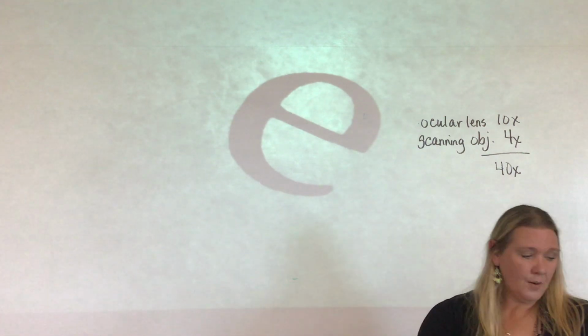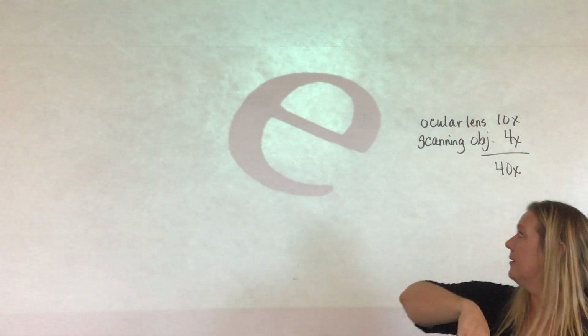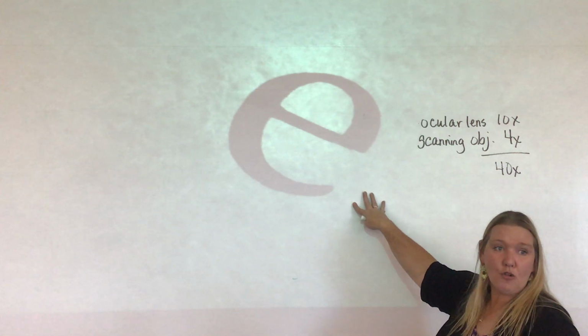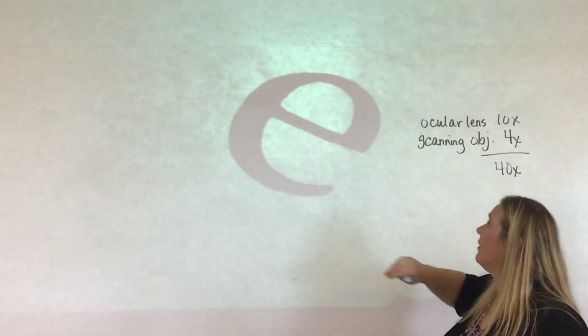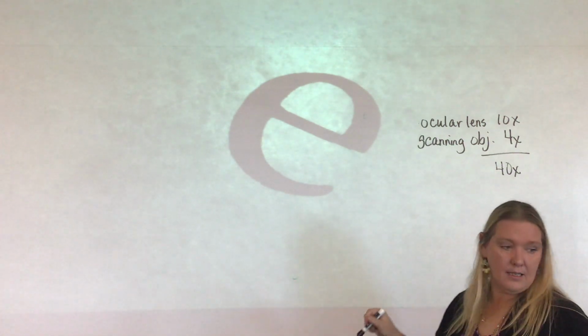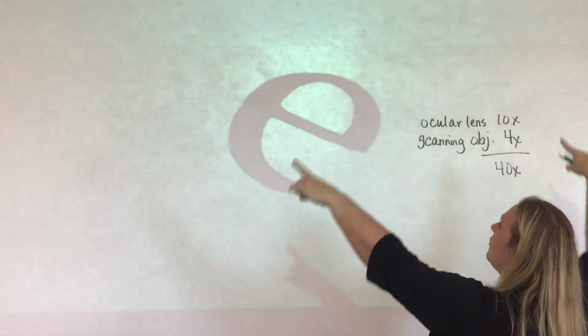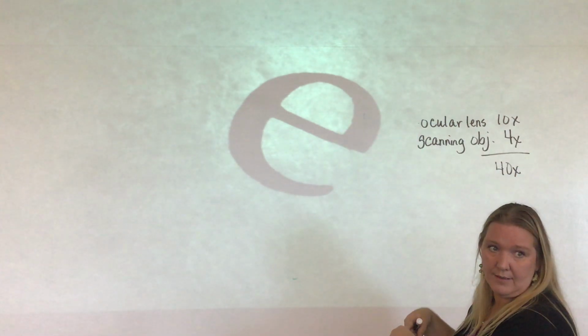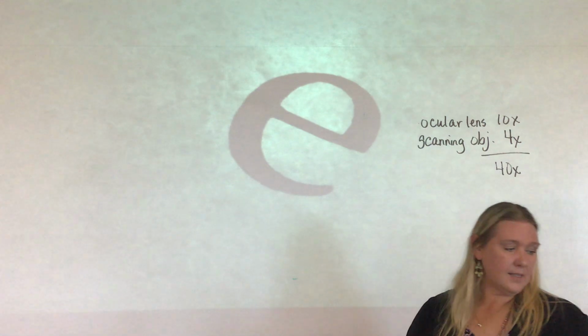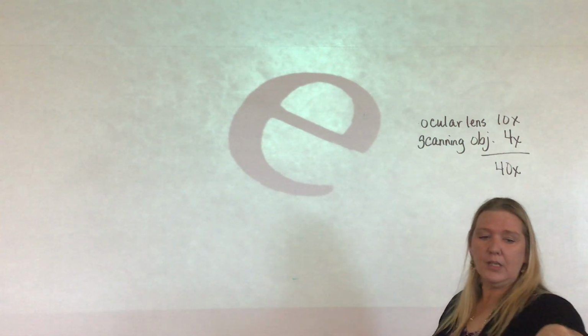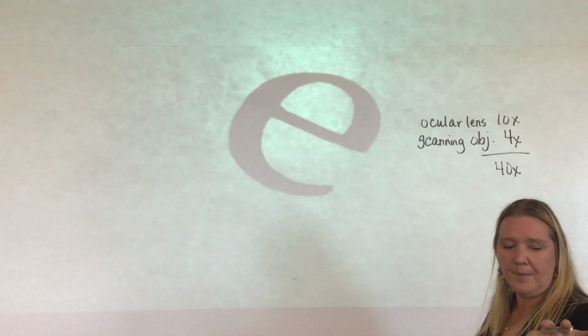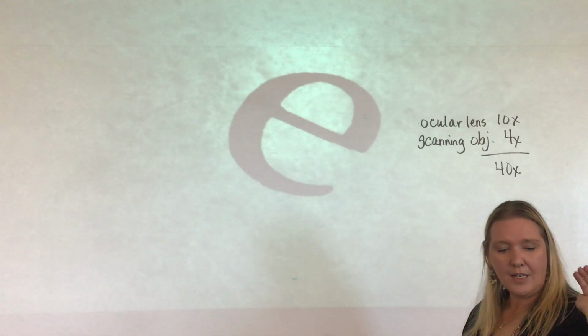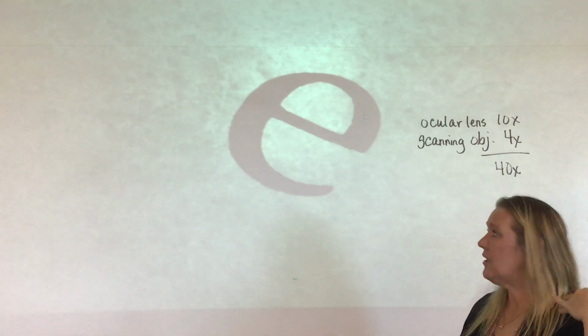And so on your paper, you're going to need to draw what this looks like. So draw an E, but you're also going to have quite a bit of space around it. The other thing that's really cool about this compound light microscope is it actually reflects the image to you.